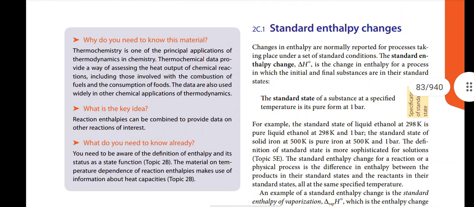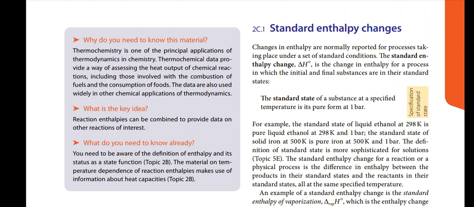Standard enthalpy changes. Changes in enthalpy are normally reported for processes taking place under a set of standard conditions. The standard enthalpy change, delta H naught, is the change in enthalpy for a process in which the initial and final substances are in their standard states.